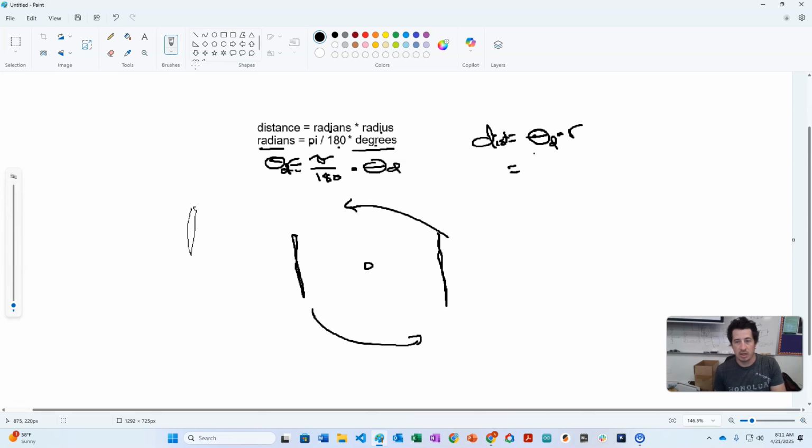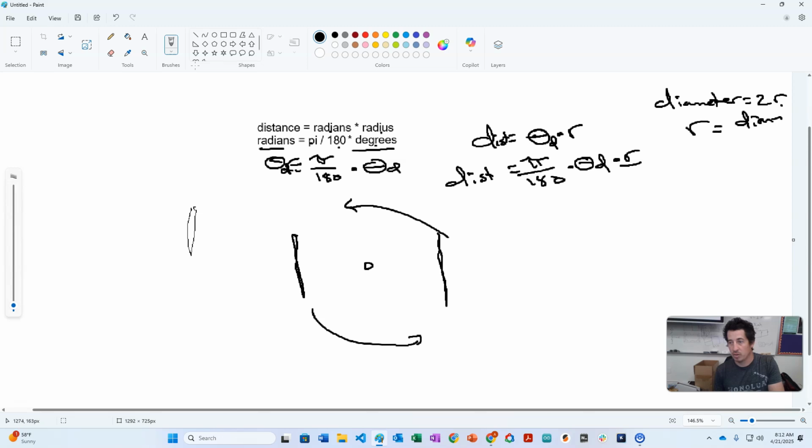Now we substitute that in, so distance is equal to pi divided by 180 times the angle in degrees, times the radius. We don't know the radius, but we do know the diameter, and remember that diameter is equal to twice the radius, so if we divide the 2 over, radius is diameter over 2.